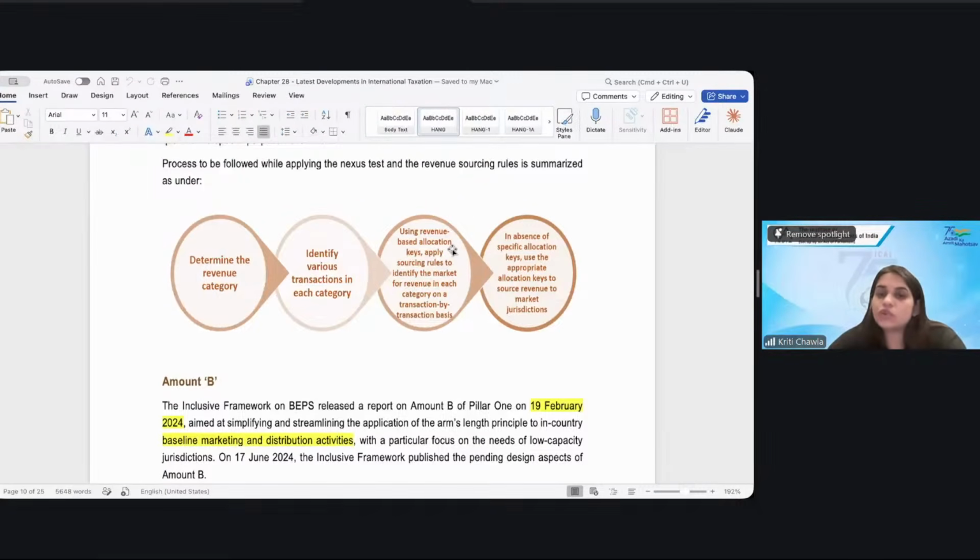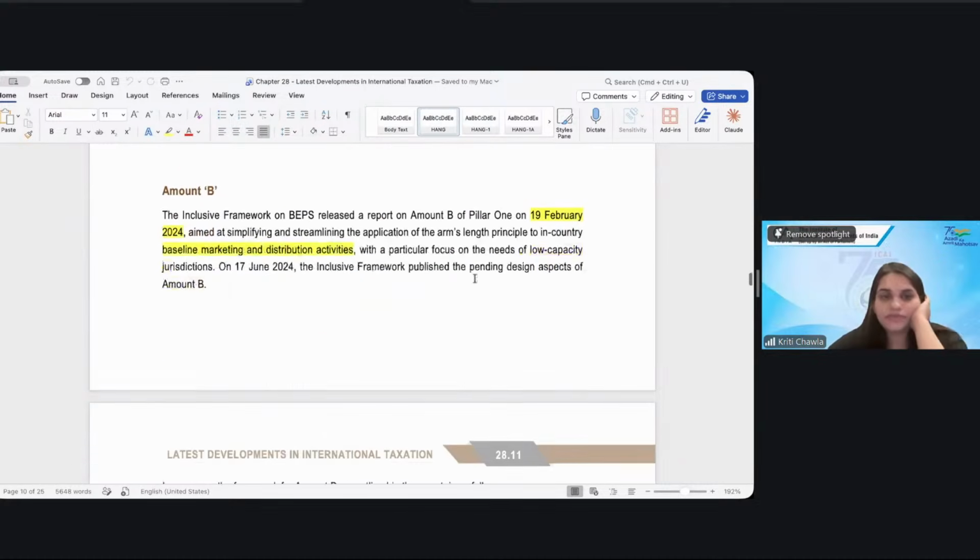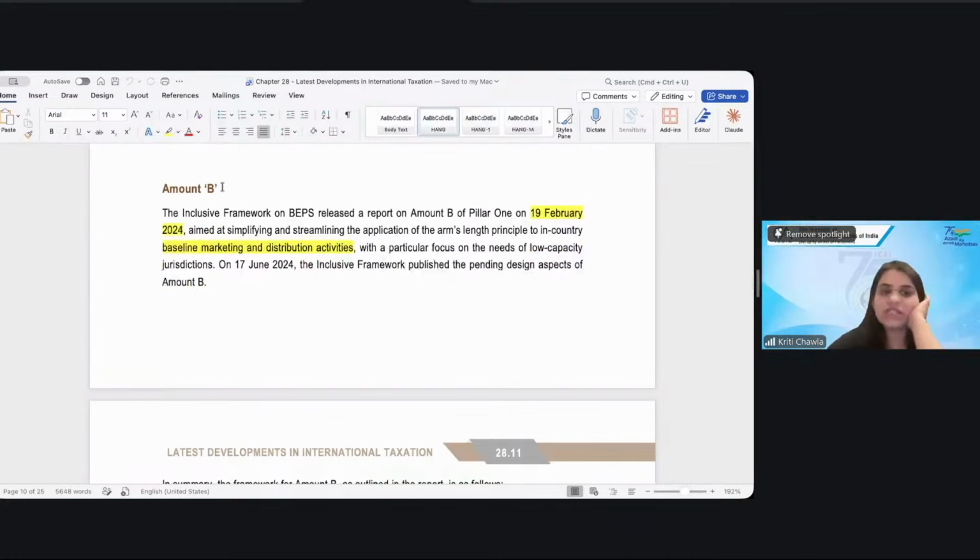You have to apply sourcing rules to identify the market for revenue in each category, and this has to be done on a transaction-by-transaction basis. And in the absence of a specific allocation key, you have to use appropriate allocation keys to source revenue to market jurisdictions. So if you look at Amount A, it's more about market jurisdictions, 25%.